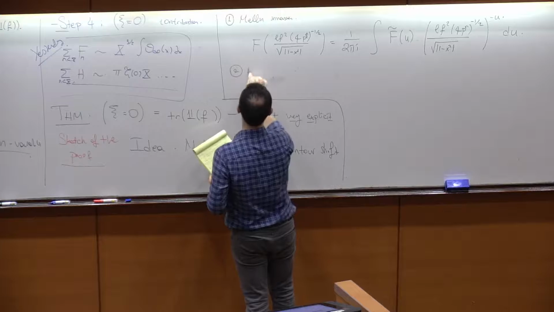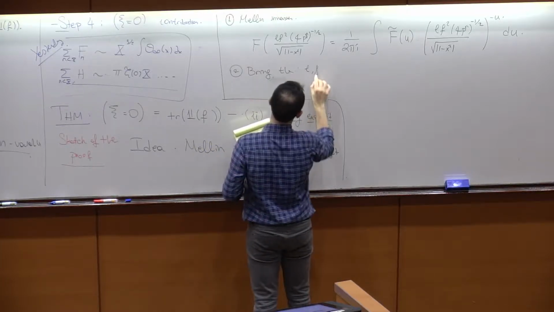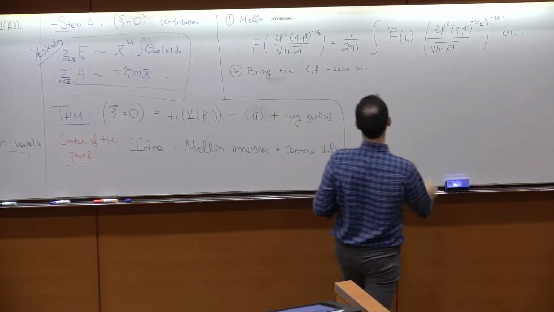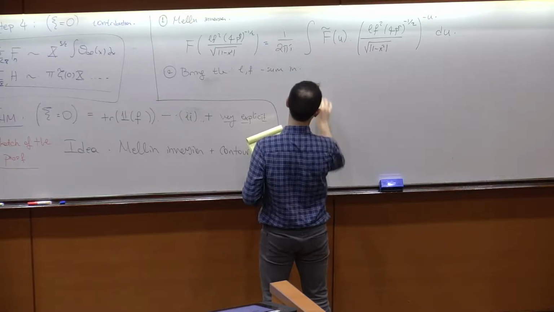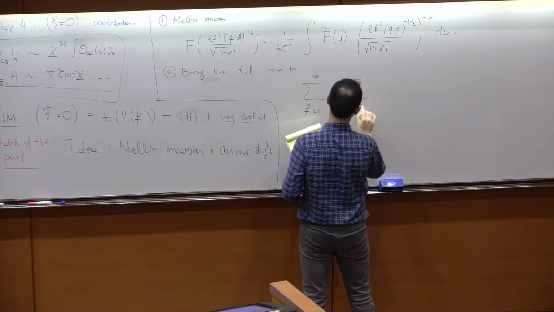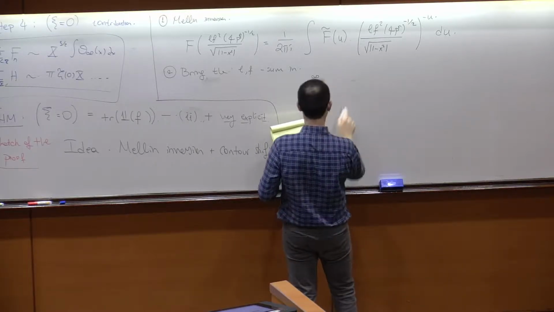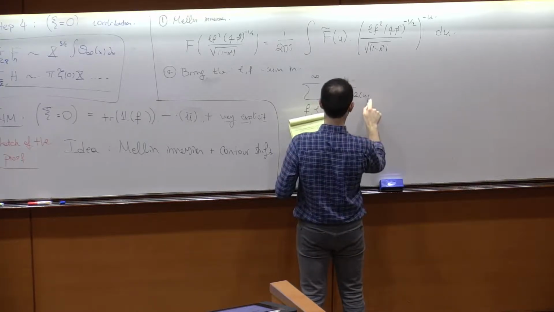Number 2, if we bring the L and F sum in, what we're looking at is a sum over f from 1 to infinity and a sum over L, so let me just do F and L at the same time, of 1 over f to the 1 plus 2 times u plus 1.